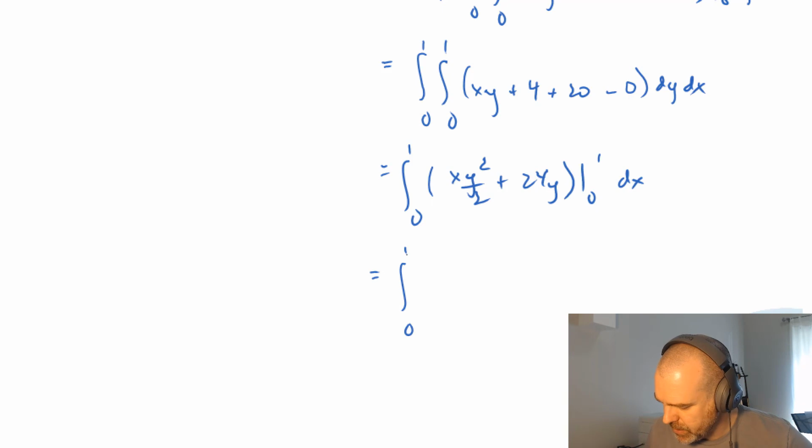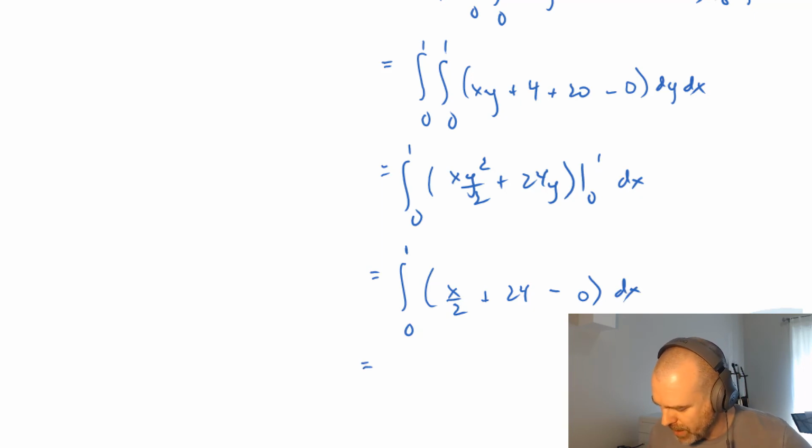Plugging in 1 for y, we would get x over 2 plus 24, and then subtracting, plugging in 0 for y, we get 0, and that's dx.